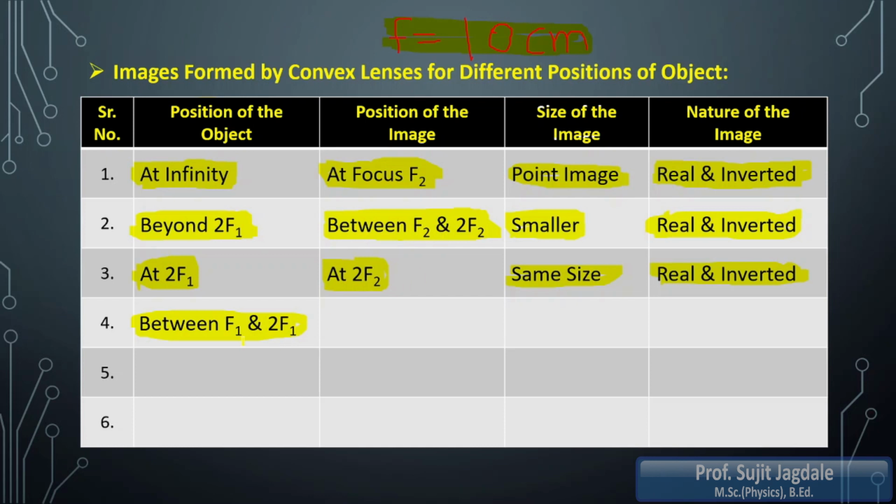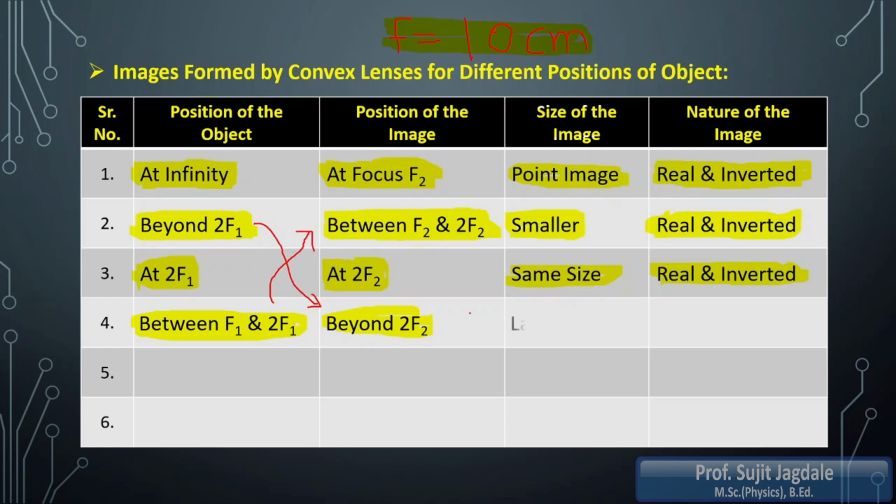Instead of f2 we are taking f1, between f1 and twice f1. Then the image is going to be beyond twice f2. You can see here the positions are interchanged. In the second and fourth cases the positions are interchanged. The left side condition is shifted to the right side and the right side condition is shifted to the left side.